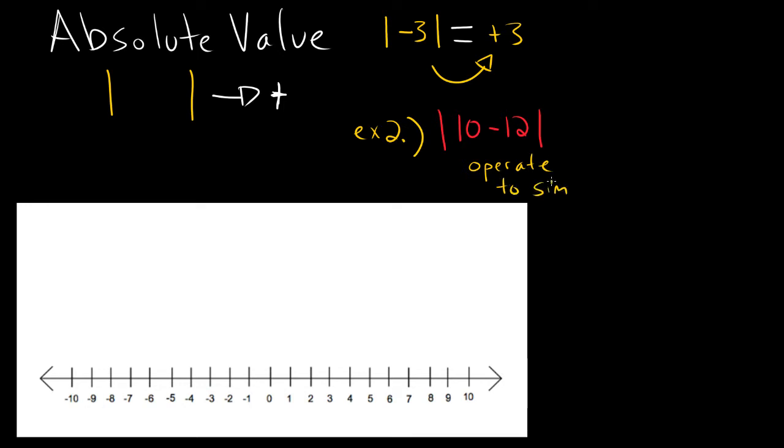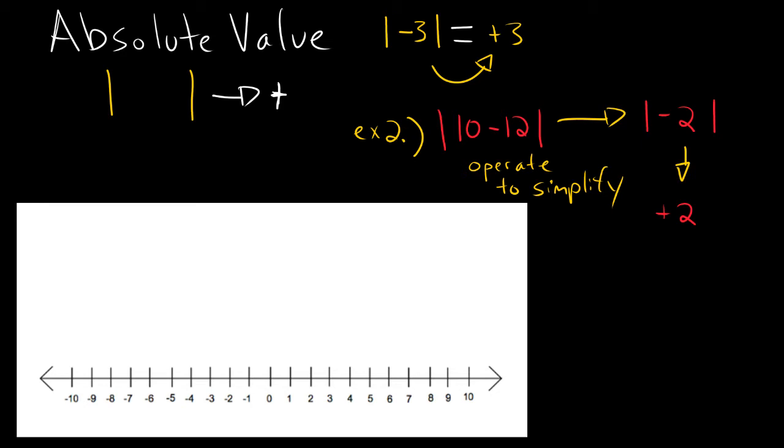So 10 minus 12 will be subtracted, and we'll get -2. Now we're at this final stage where we don't have any more operations to do. We can then take the absolute value, and that will become +2. So again, once we get down to whatever is simplified after the operations are complete, we're going to then take it and turn it positive.